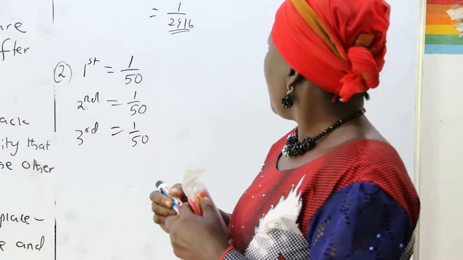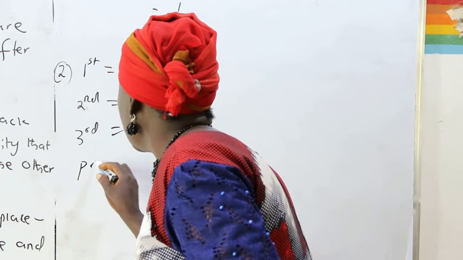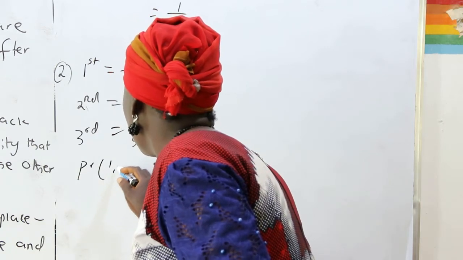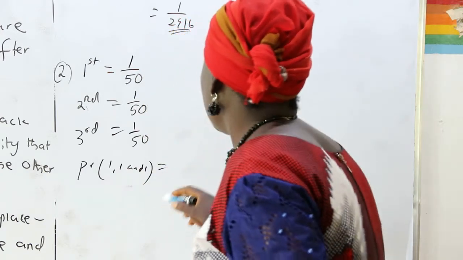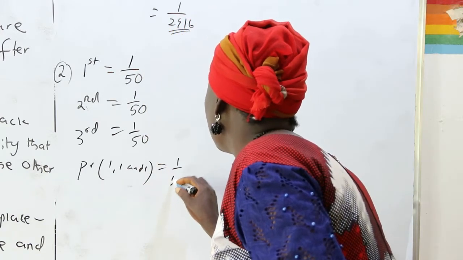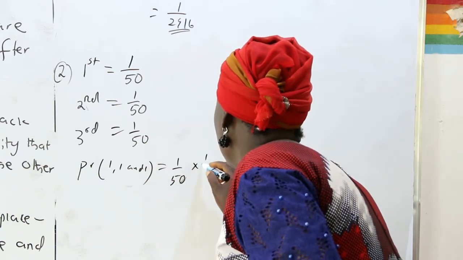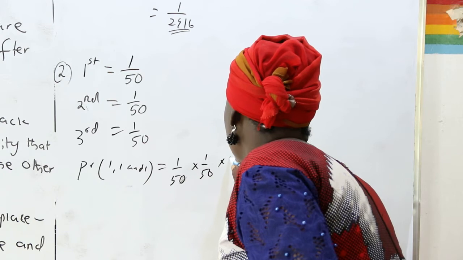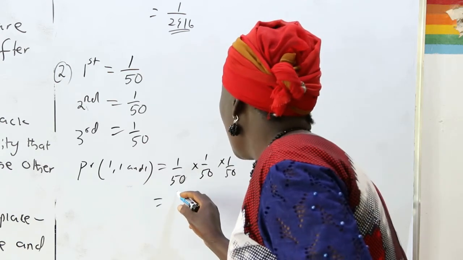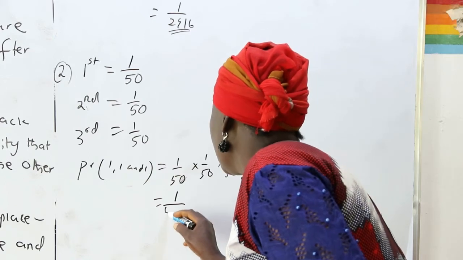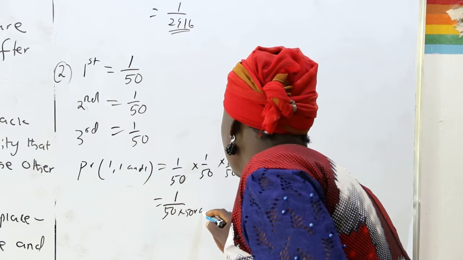So the probability of picking 1, 1 and 1 will be equal to 1 over 50, times 1 over 50, times 1 over 50, which will now give you 1 all over 50 times 50 times 50.